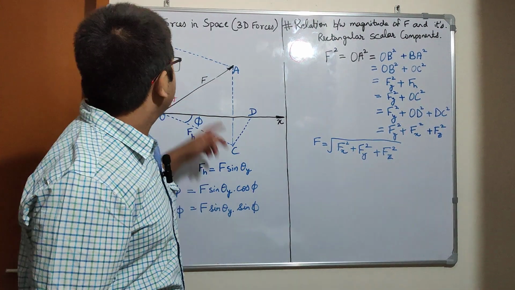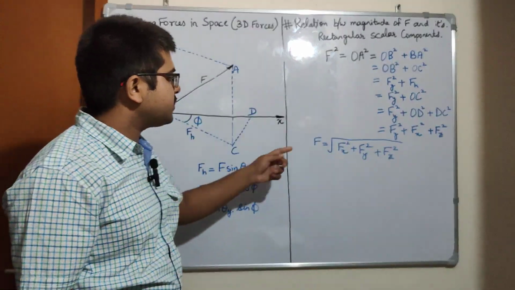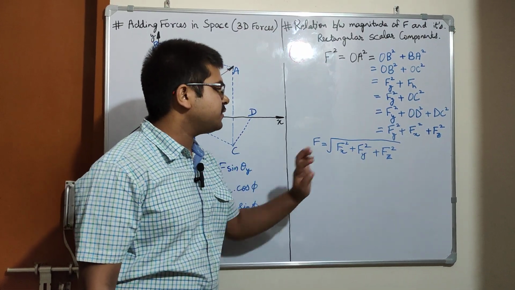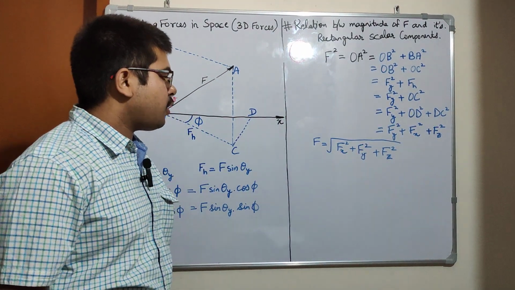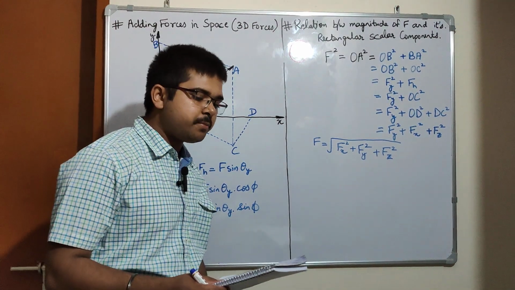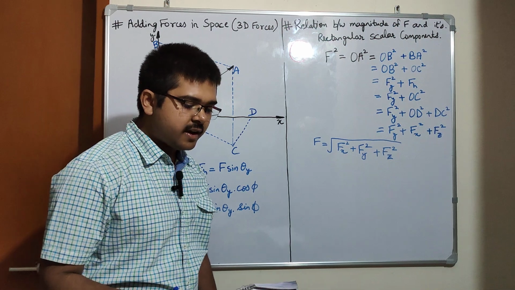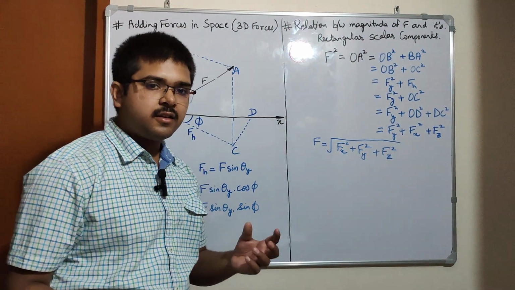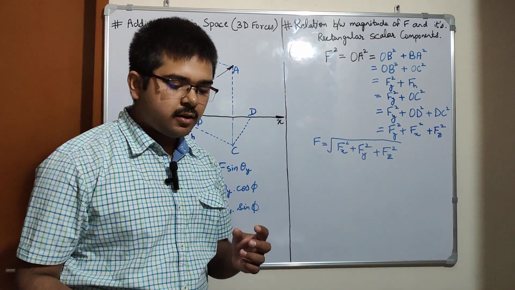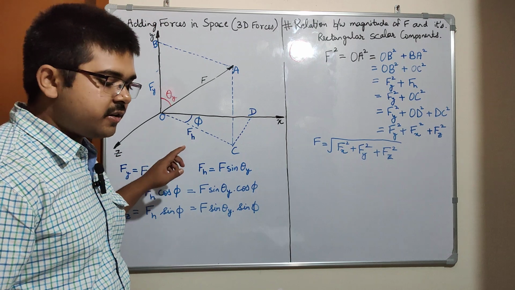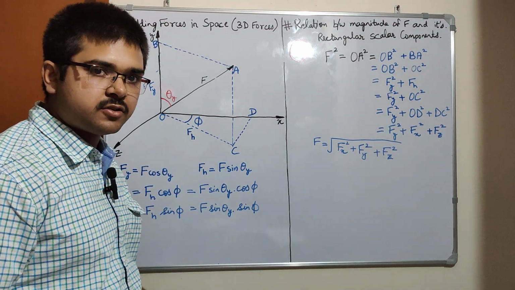So we have resolved the force F into its rectangular components Fx, Fy and Fz. Now after this we will study the relationship between the force F and its components, and the angle relationship between the angles theta x, theta y and theta z with the force F and its components.